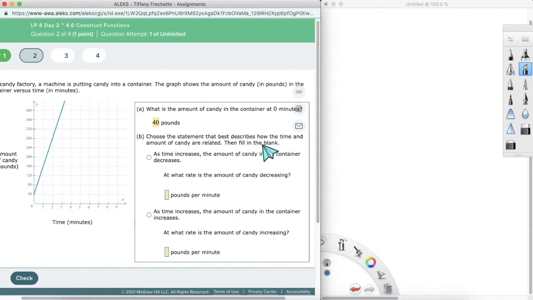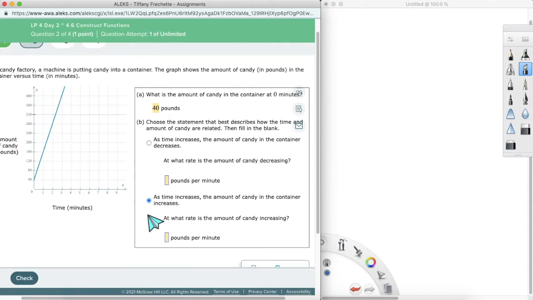So remember, time is increasing, amount of candy is increasing. As time moves forward, I'm getting more and more candy here. So they're both increasing. So we want to choose a statement that says that exact thing. So as time increases, the amount of candy in the container decreases, or as time increases, the amount of candy in the container increases. So increase and increase. We want to choose this guy here. And this is at what rate is the amount of candy increasing?